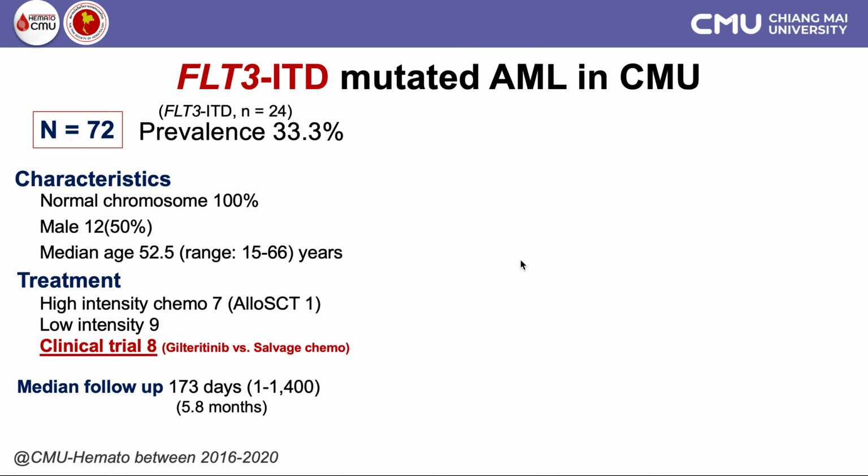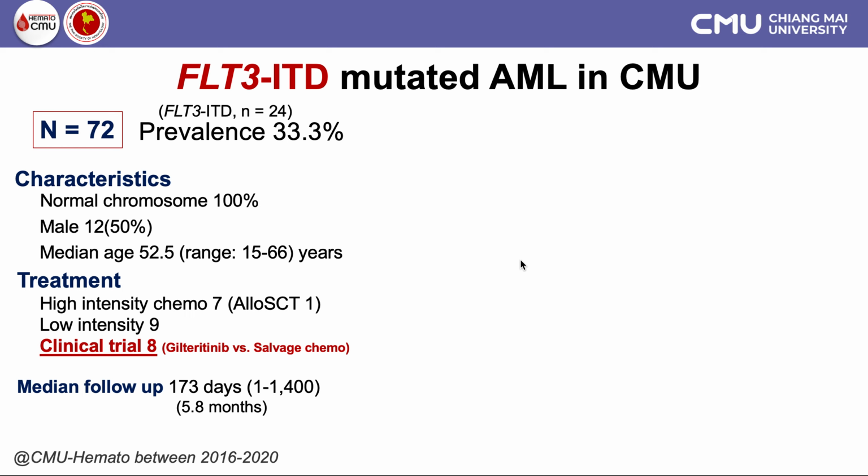In our center's experience on the impact of molecular testing in AML patients, FLT3 internal tandem duplication, or FLT3-ITD mutation, was the first gene to be explored. With a prevalence of about 30% in adult AML patients, most of them were relapsed and refractory in over 80% of cases, with a median age of around 50 years old, and all of them had normal chromosomes detected.